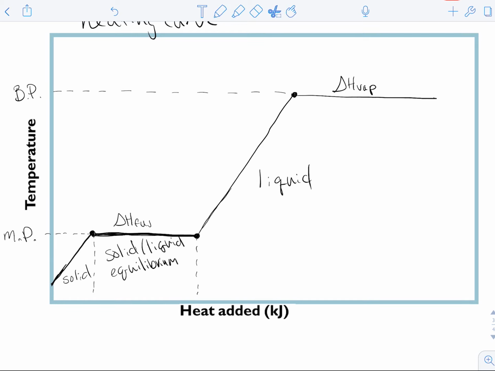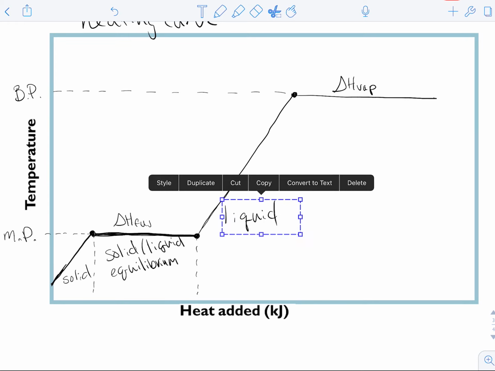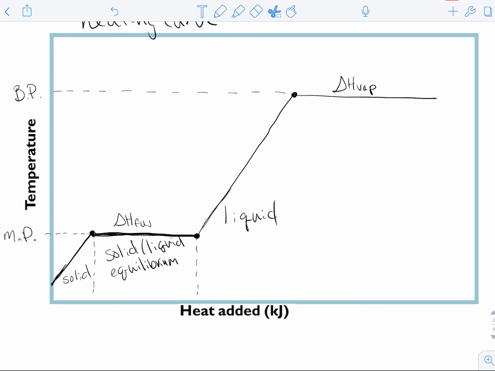Move that down a little bit to right there. Just wanted to put that right there. Okay.